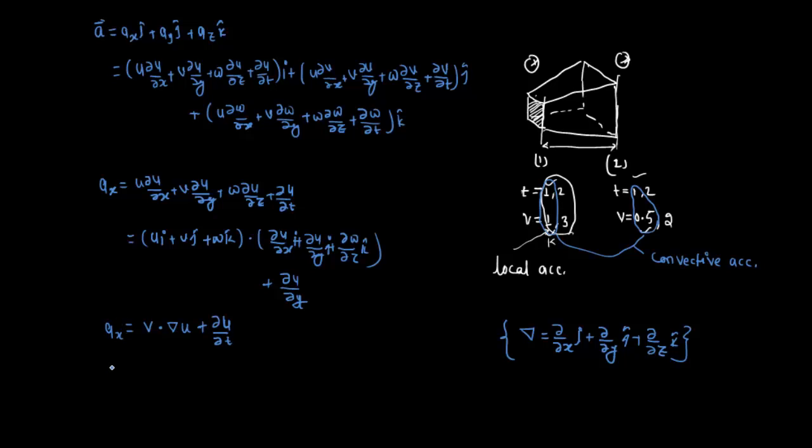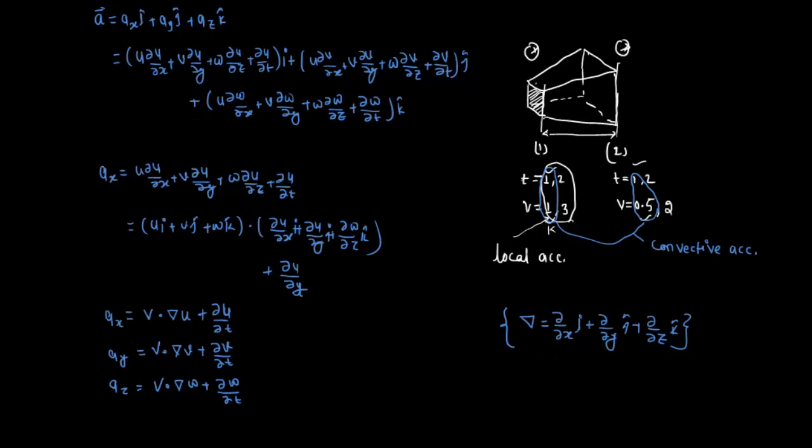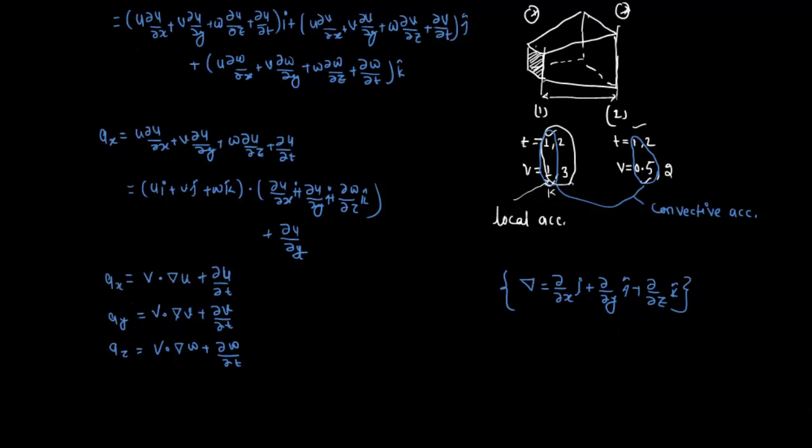Similarly, we can write ay is equal to what? So ay we can write as V dot del v plus del v by del t, and az as V dot del w plus del w by del t. Okay, these are the individual accelerations in the x, y, and z directions.